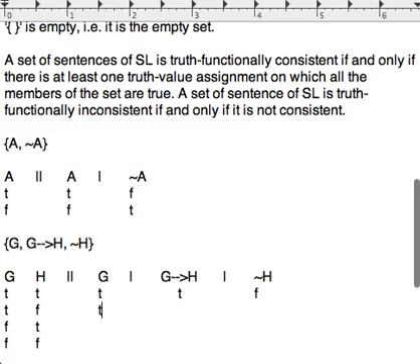Okay, here again G is going to be true. So notice actually in this first truth value assignment where we made G true and H true, not H, which is a member of this set, turned out to be false. So here's a truth value assignment, and it's not the case that each of the sentences are true on this. So we need to keep going.